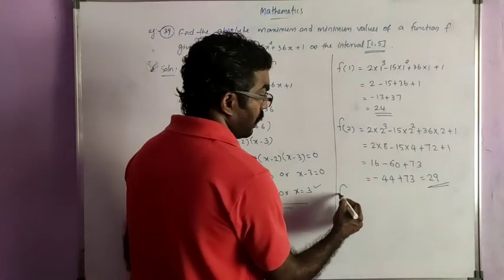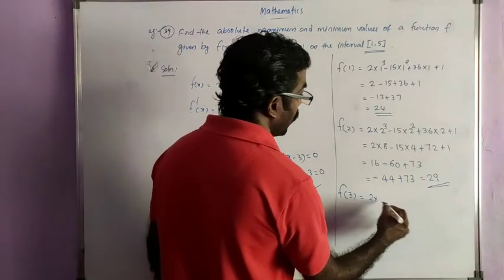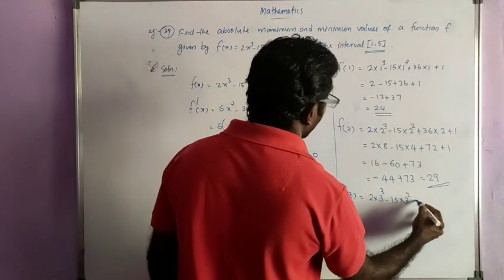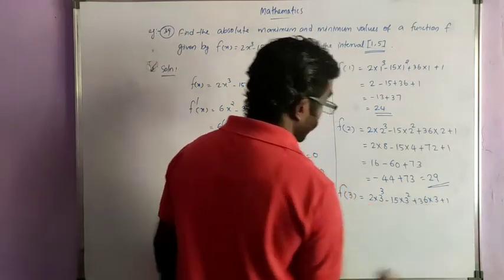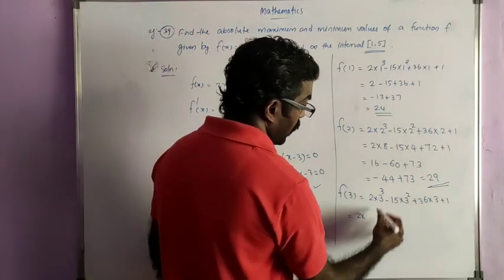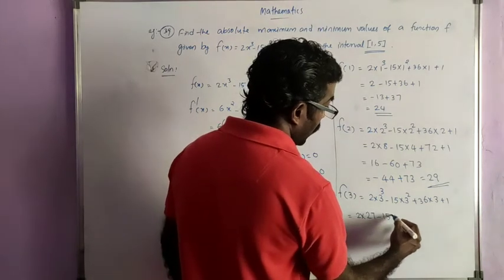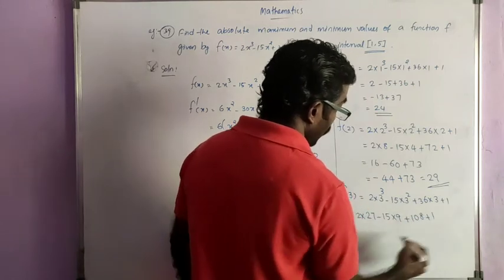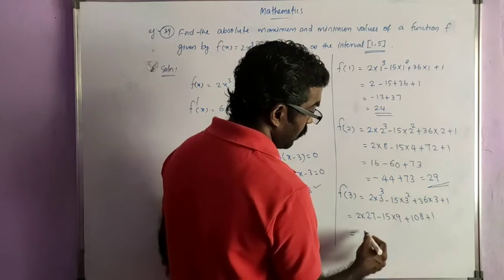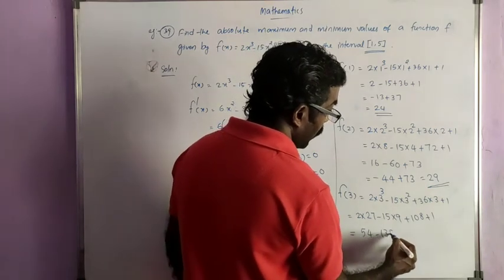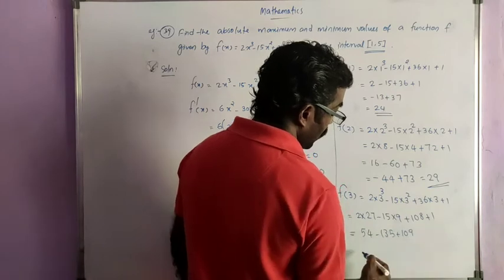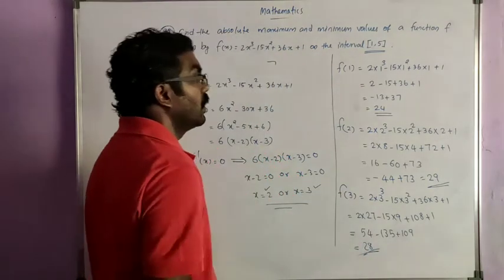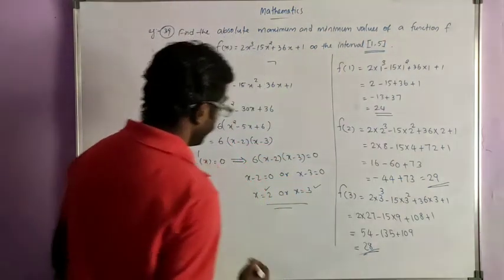Now we find f of 3. F of 3 is 2 into 3 cube minus 15 into 3 square plus 36 into 3 plus 1. That is 2 into 27 minus 15 into 9 plus 108 plus 1, which is 54 minus 135 plus 109, equal to 28. One more point is 5.